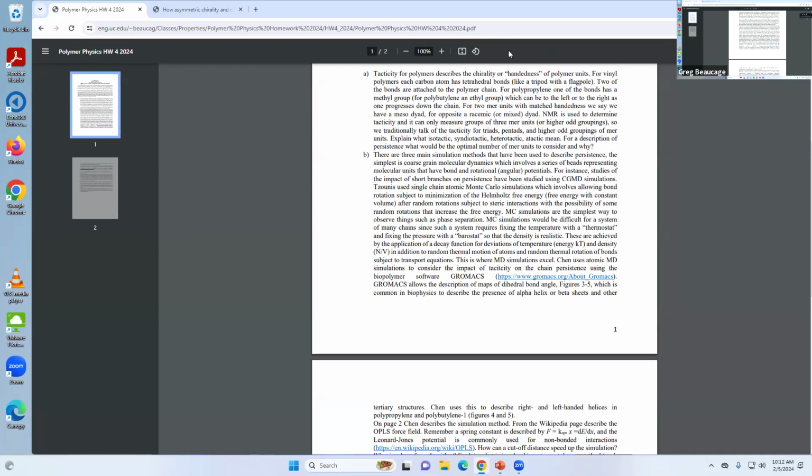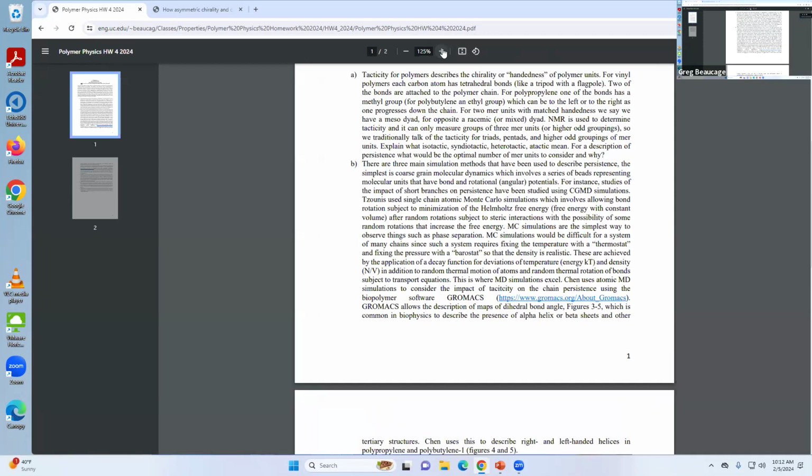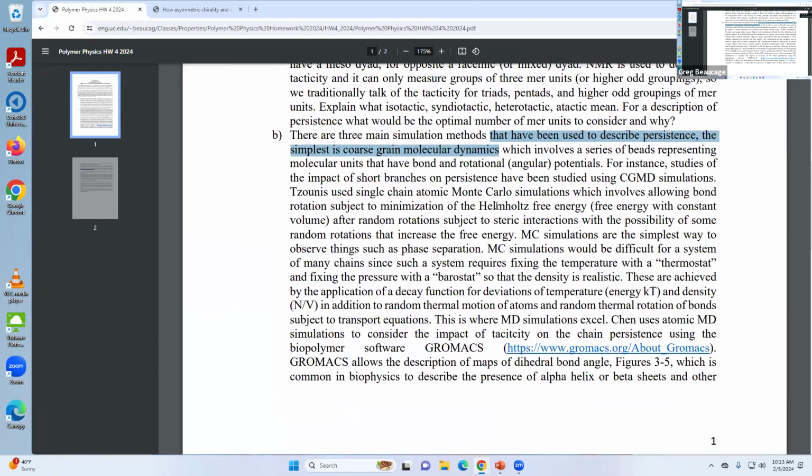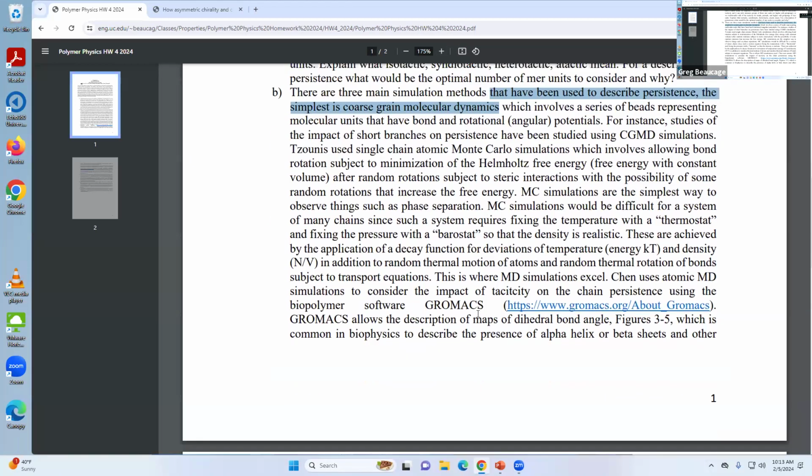It was the first part of the question. Yeah, so there are different simulation methods. It was essentially speeding up the simulation by having fewer interactions, I think. Oh, the cutoff distance, yeah.